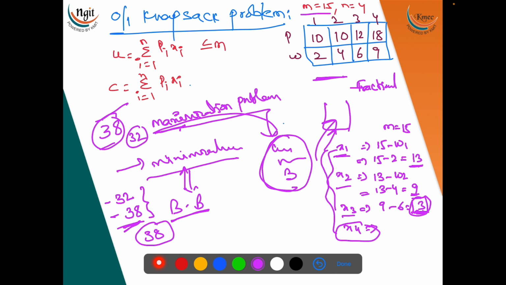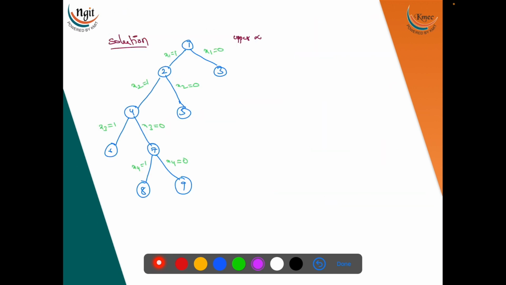This is how we are going to find the solution for branch and bound problems. The 0/1 knapsack problem, and even the traveling salesperson problem, we'll do in the same way. As far as this video is concerned, for the 0/1 knapsack problem we change the signs to fulfill the branch and bound constraint, which is a minimization problem. Now let us see how to solve this problem using branch and bound.